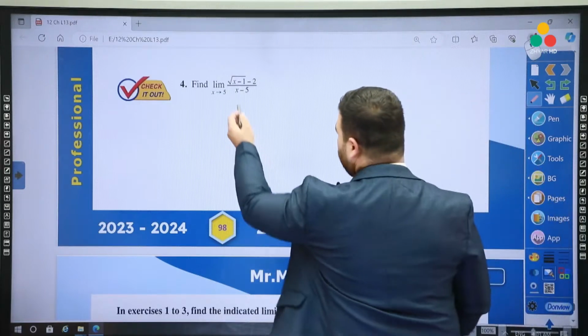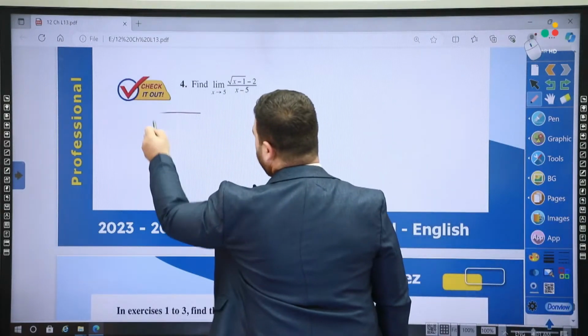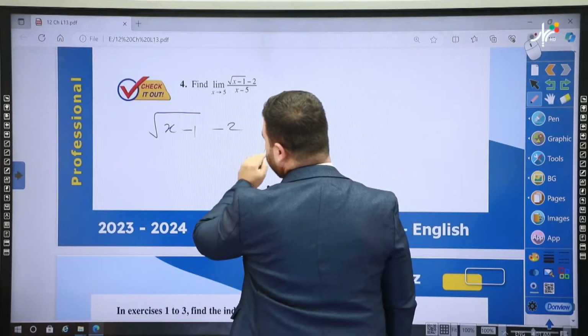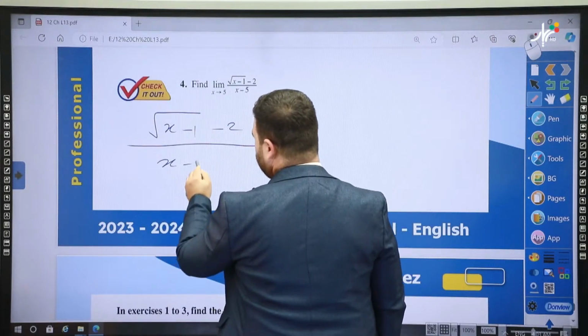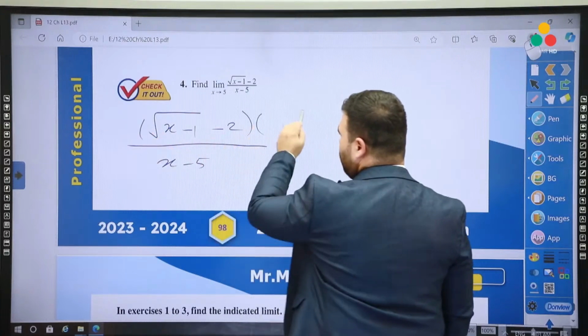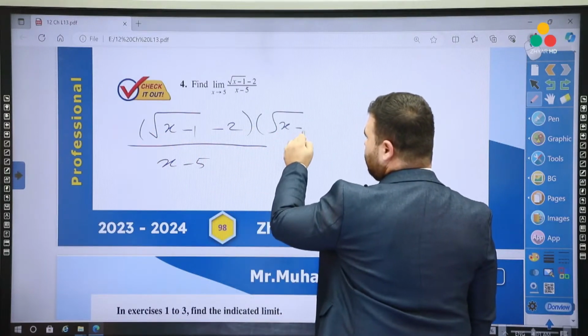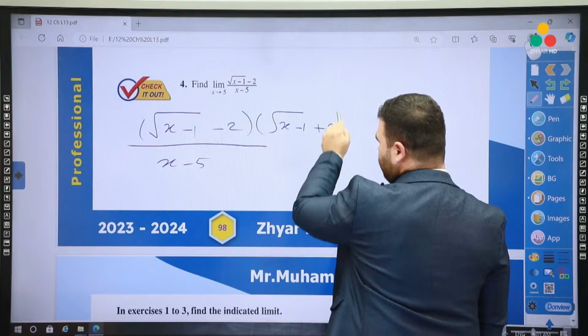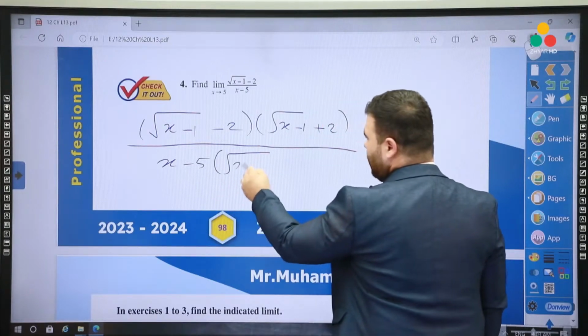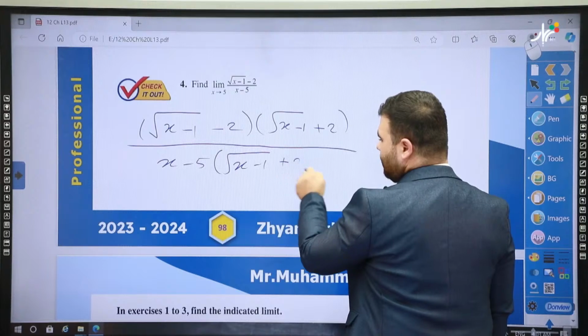Then if I multiply this by the conjugate, it will be square root of x minus 1 minus 2 over x minus 5. I'm going to multiply this by square root of x minus 1 plus 2, and down, the same thing, square root of x minus 1 plus 2.